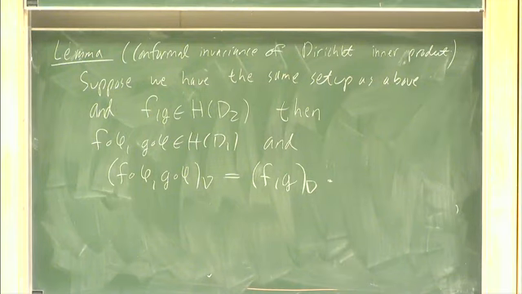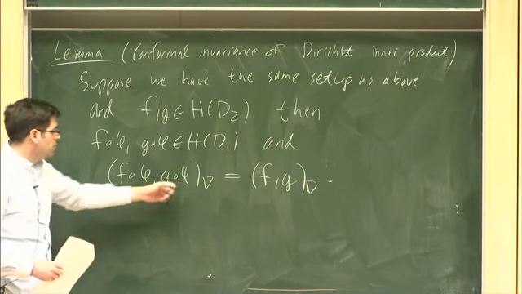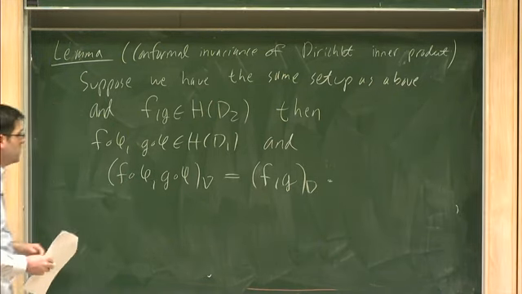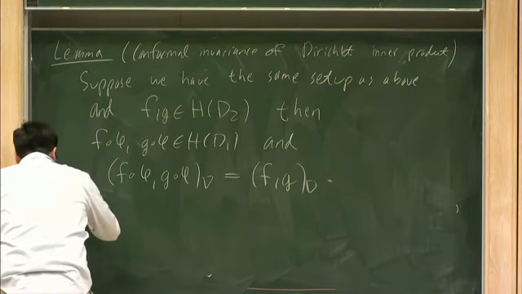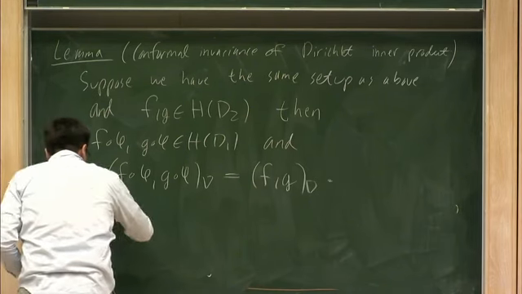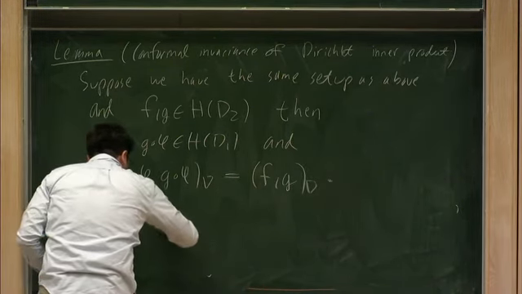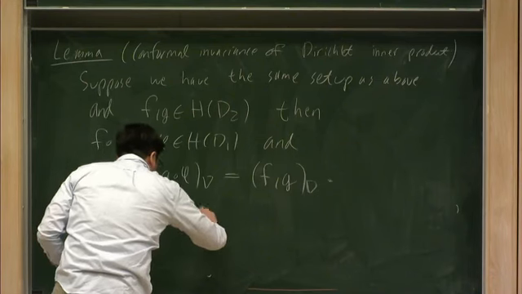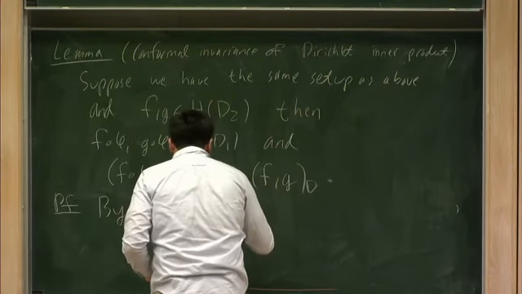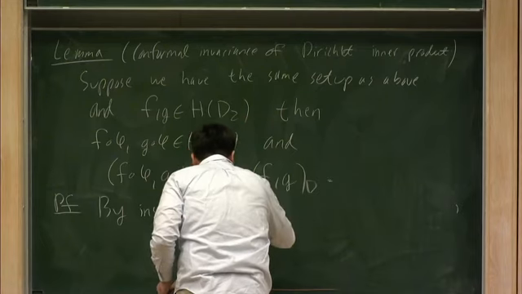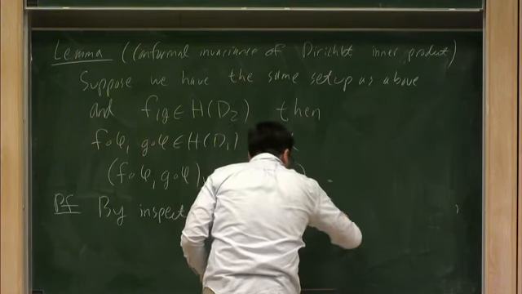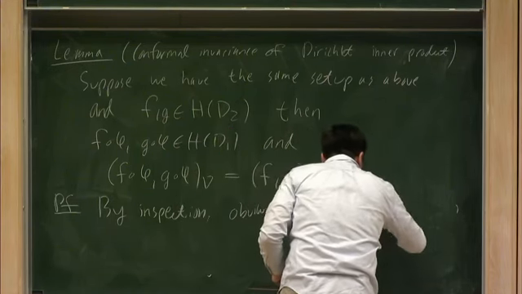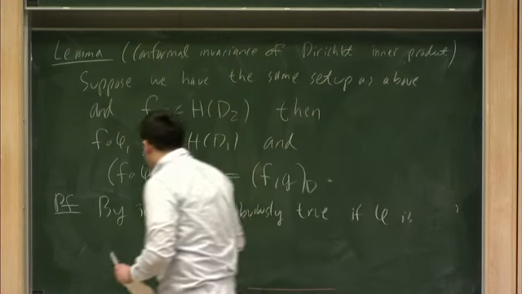This might seem a little bit surprising if you haven't seen this before, because there's no correction here like a Jacobian that comes from this change of variables. So it might look a little bit fishy, but if you just look at this by inspection, first of all, it's obviously true if your phi is a rotation.